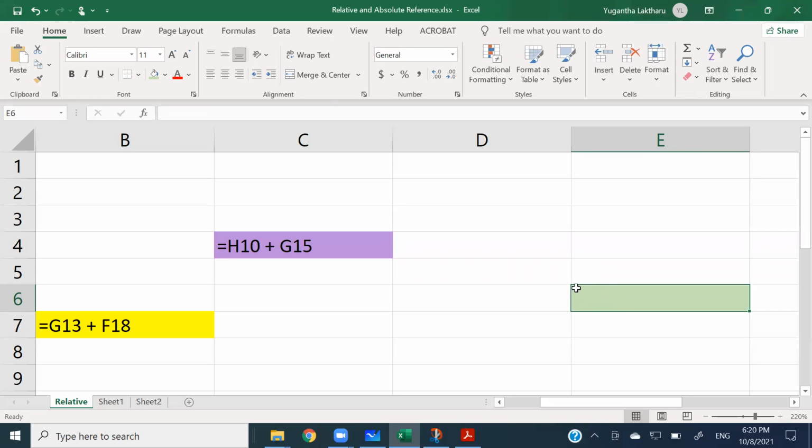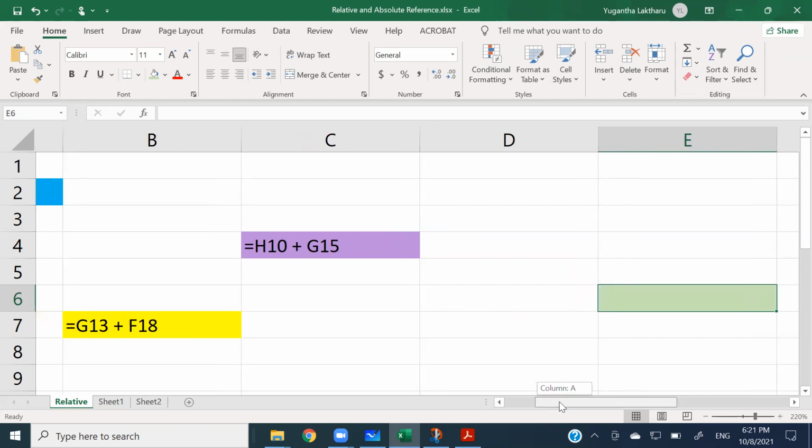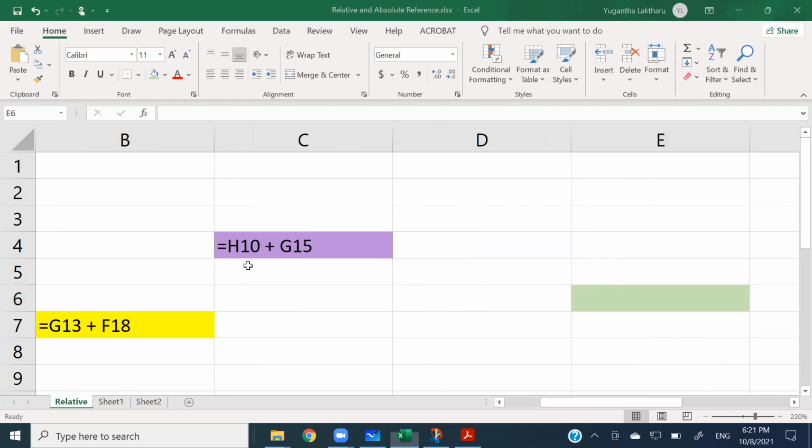Right, Dihan, I'll come to that once we are done with this. Right, so what should be the answer, people? Try it. The formula in the purple color cell should come to the green. What should be the answer?